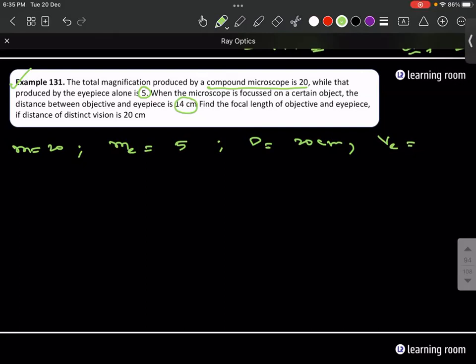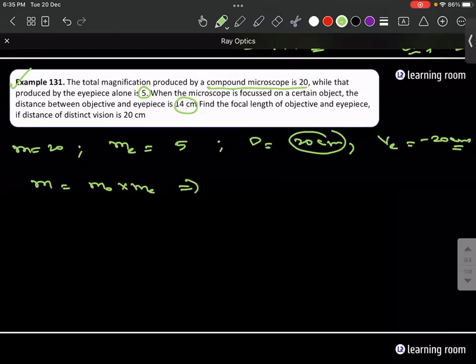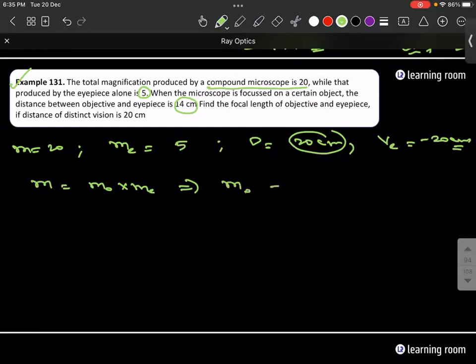So D is 20 centimeter, then VE will be minus 20 centimeter. We know that M is equal to M naught into ME. So we need to find the magnification produced due to the objective, which is given as M divided by ME. M is 20 divided by ME is 5, which will give you a 4.